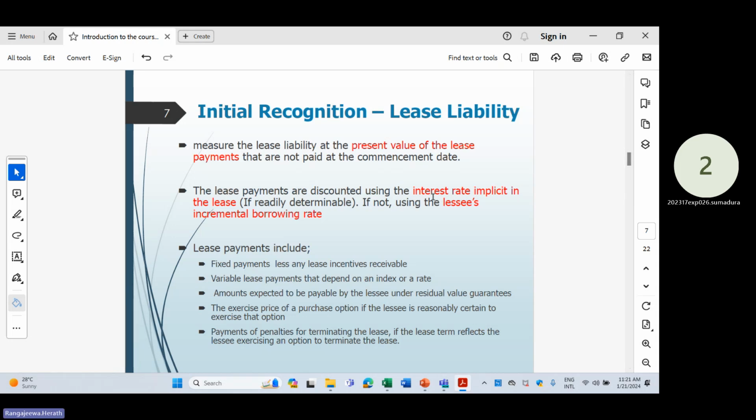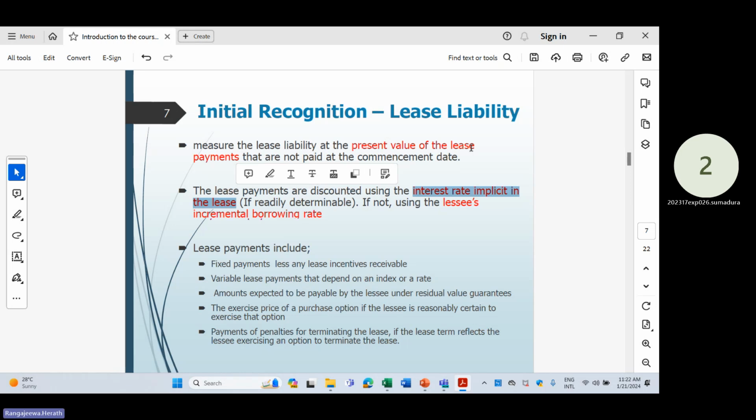The lease payments are discounted using the interest rate implicit in the lease, if applicable. In certain leases, there is an interest rate in the lease agreement. Leases we are going to classify as finance lease and operating lease from the lessor's perspective.